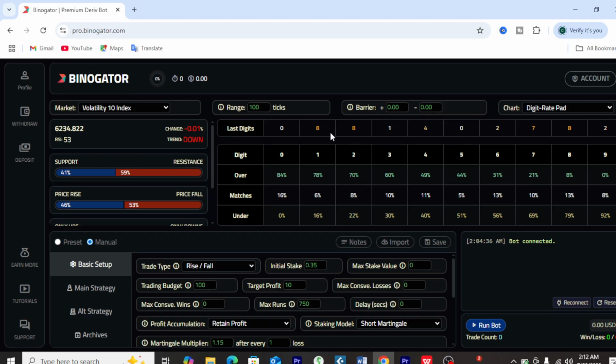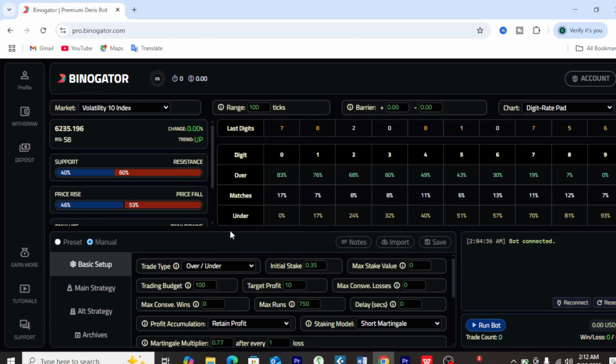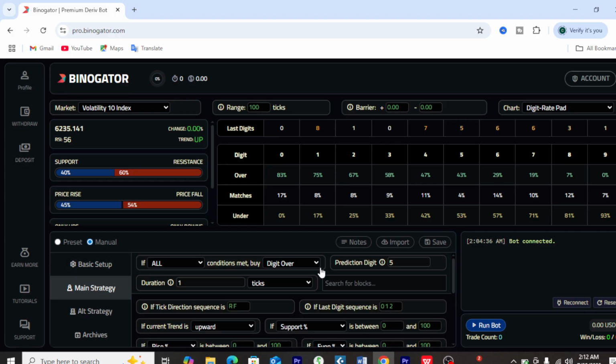And then for this strategy, I want to change this 0 and 1. So let me quickly change this to over under. So I'll go to the main strategy and then set the prediction digit to 2.